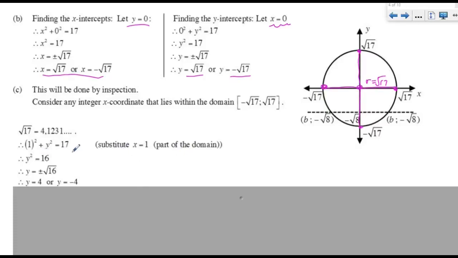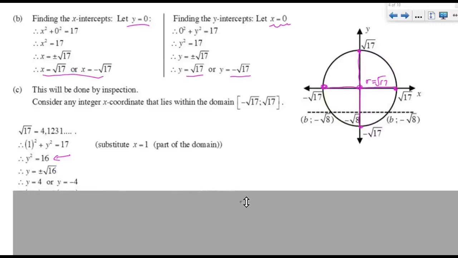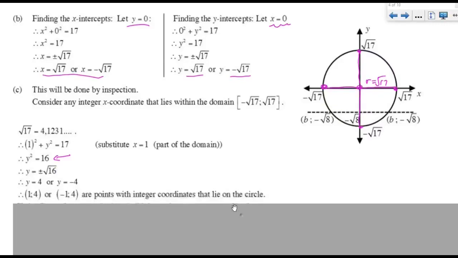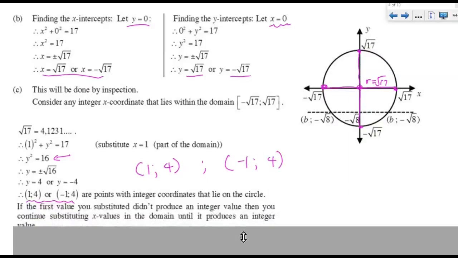If you substitute x equals 1, remember 1 squared is 1, and take it to the other side, it will give you minus 1, and that's how you obtain 16. And therefore, y is plus minus square root of 16, so y could be 4 or minus 4, and therefore the two possible points could be 1 and 4, or 1 and minus 4.